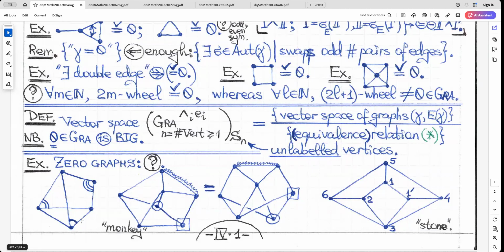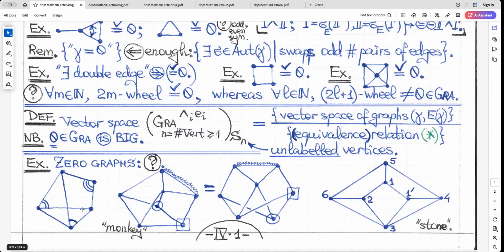But I think that this graph has not three vertices, not four vertices, but five vertices. It has not 6 edges, but 7 edges. It does not fit to be a wheel.